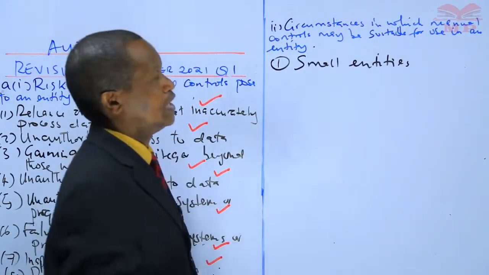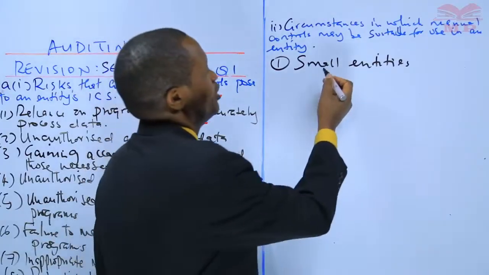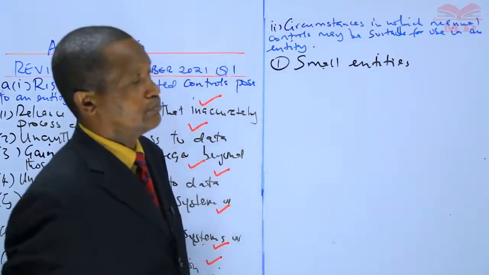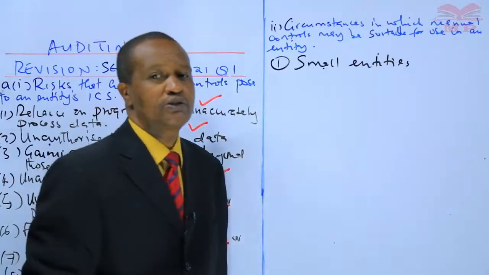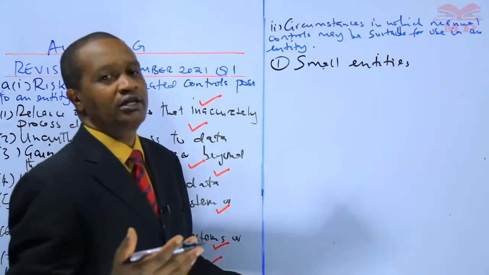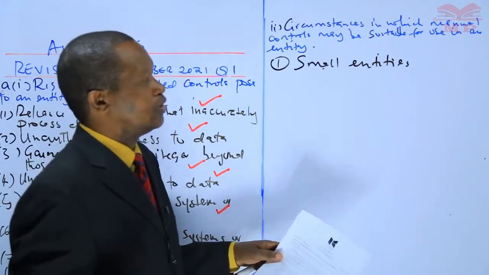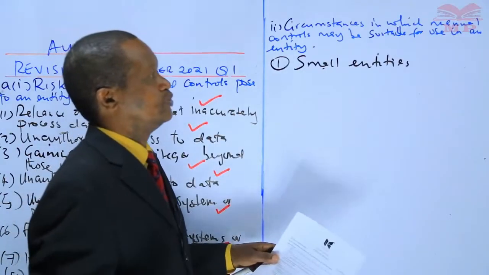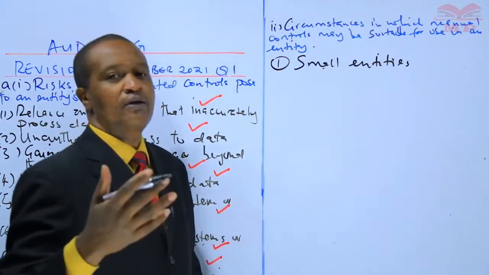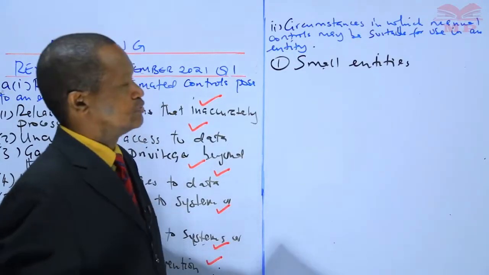Because having automation for a small entity can be costly, may not be cost effective. So when the entity is small, then that's one circumstance in which manual controls may be suitable.